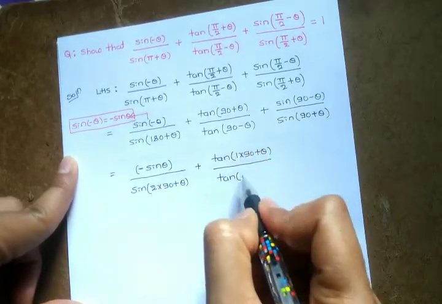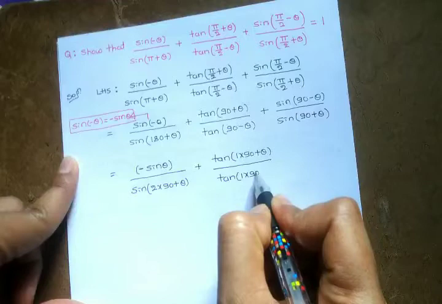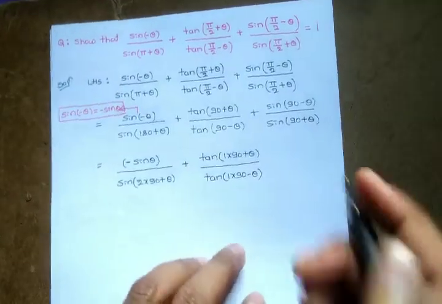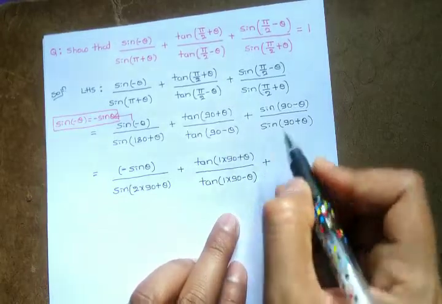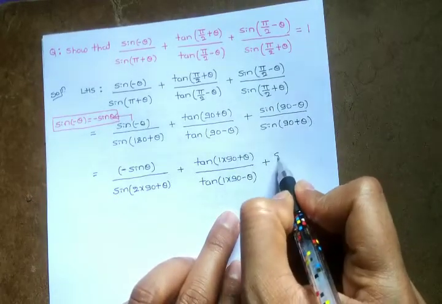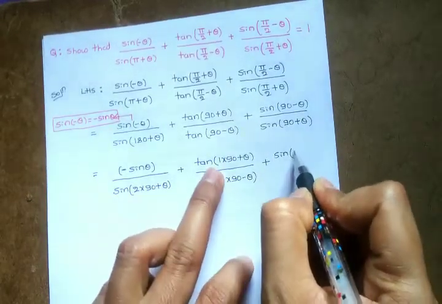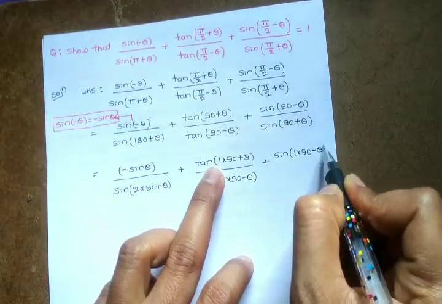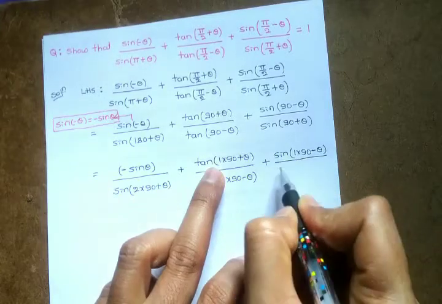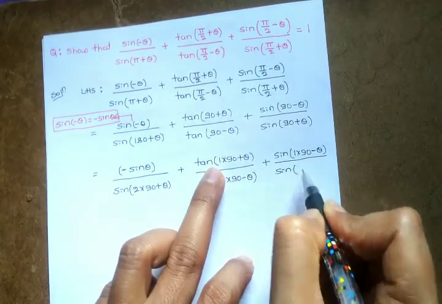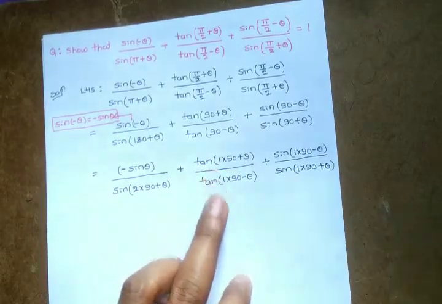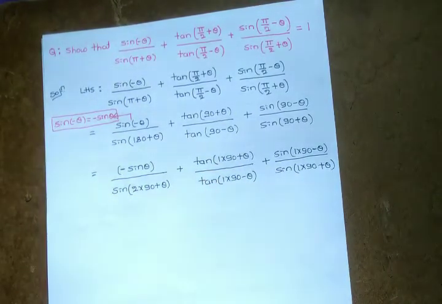Again, how to write 90? 1 into 90 minus theta. So next plus again sine 90 is there, so sine 90 can be written as 1 into 90 minus theta divided by sine 1 into 90 plus theta. So now it is in the standard form.